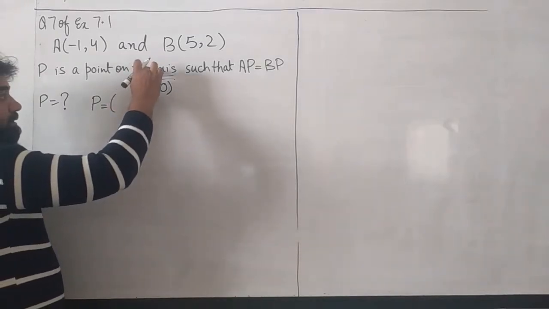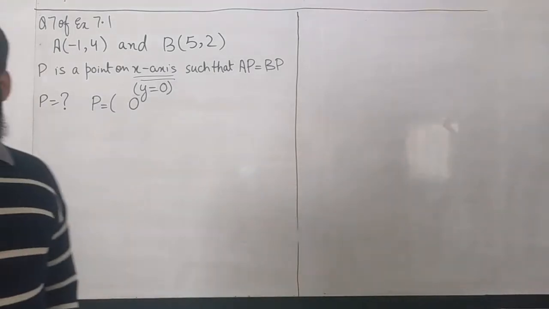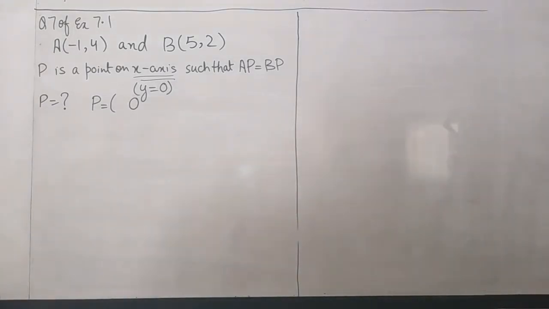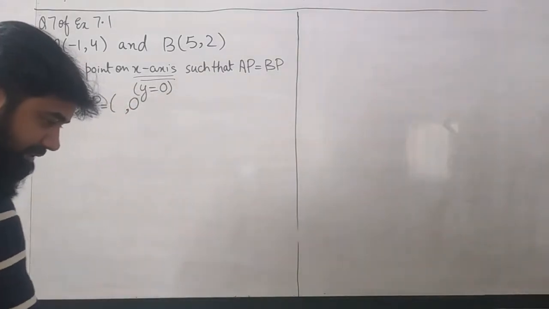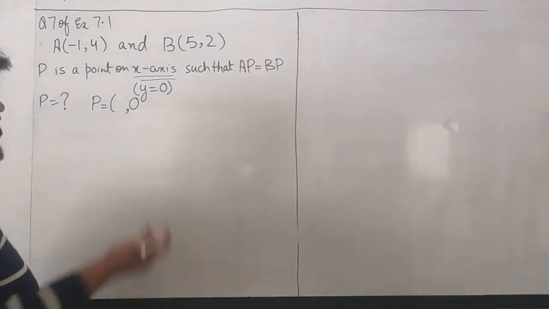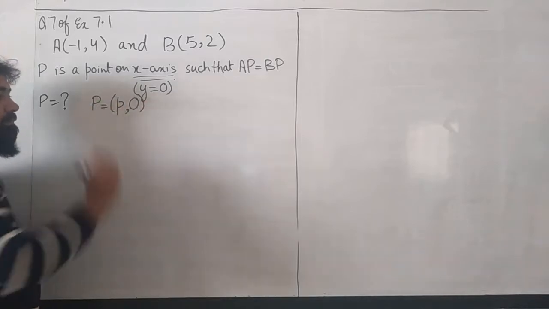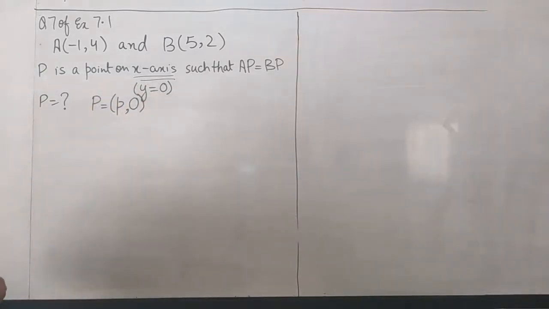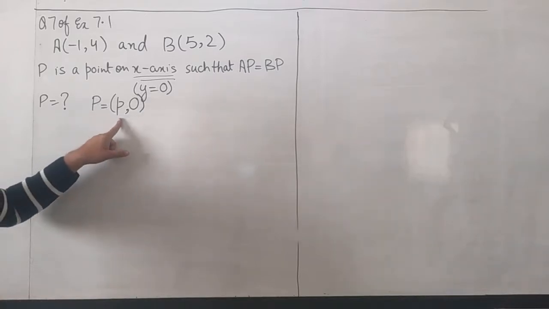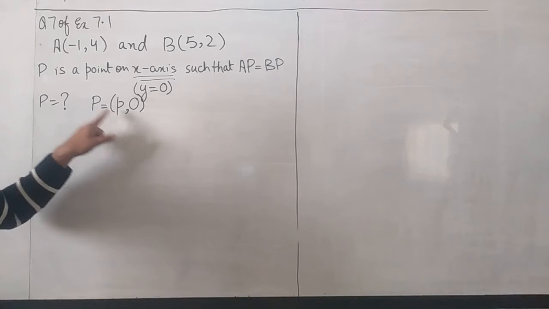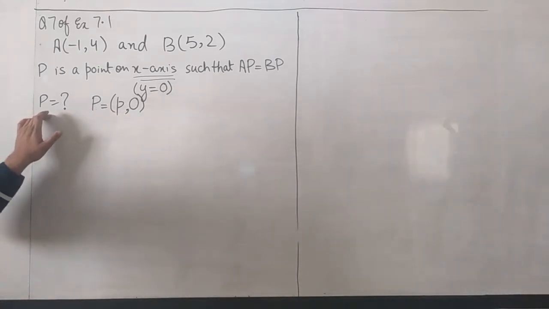As P is on x-axis, the value of y will be 0, and for the value of x, which I don't know right now, let's take it as small p. So this is the coordinate, (p, 0), and now I have to find the value of this p. When I find it, I will have the whole coordinate of P, which is required.